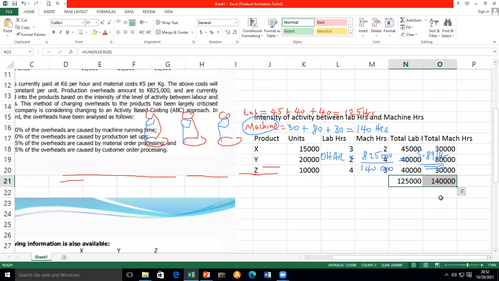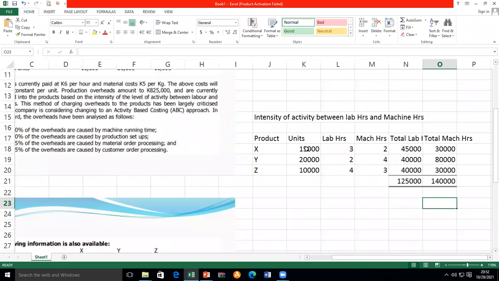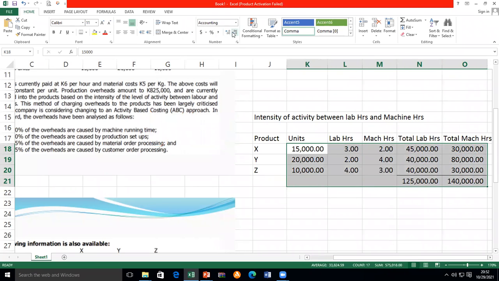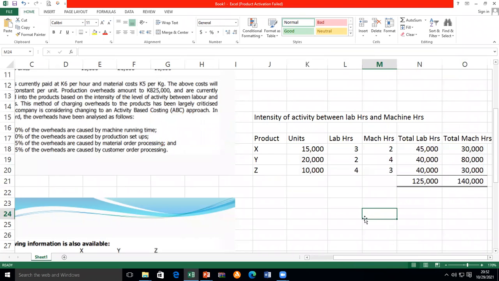So there we are. So our overhead absorption rate will be 825 divided by 140.